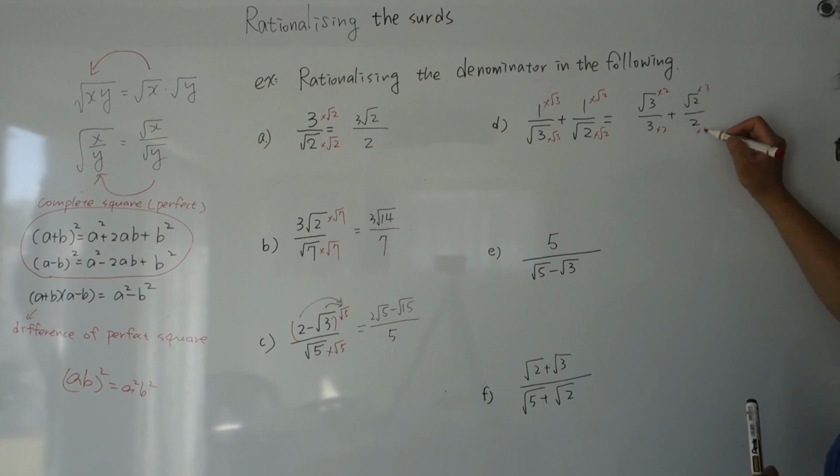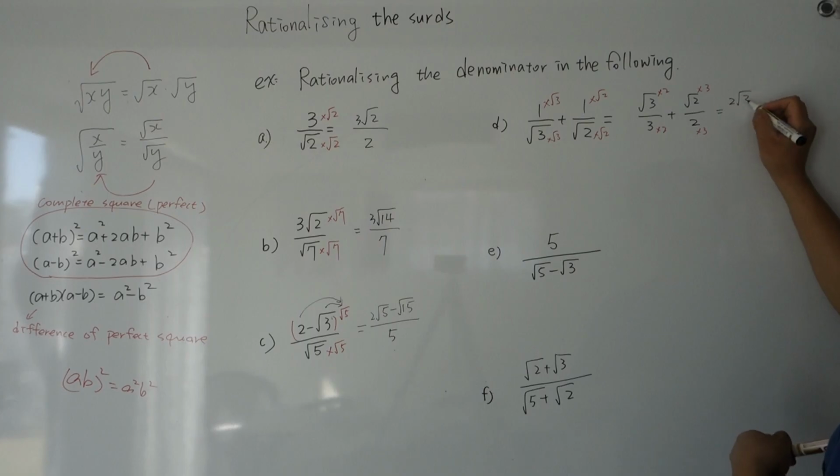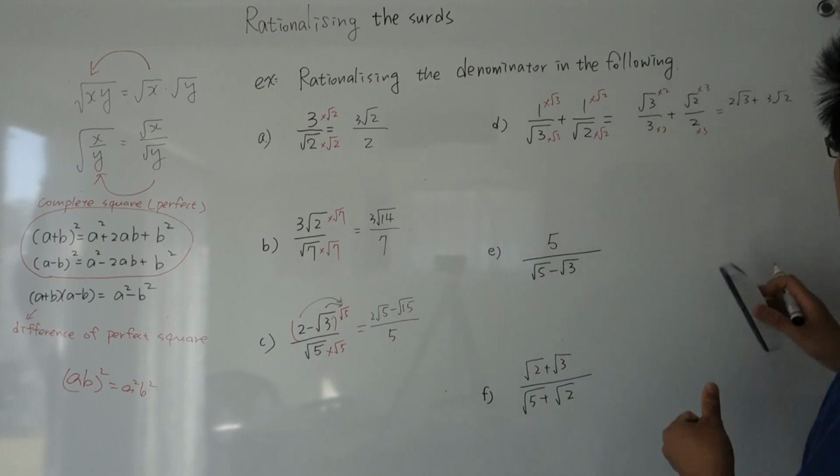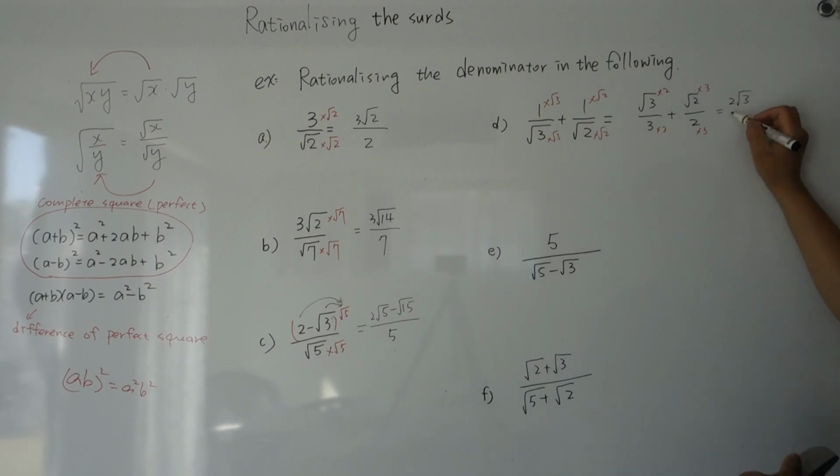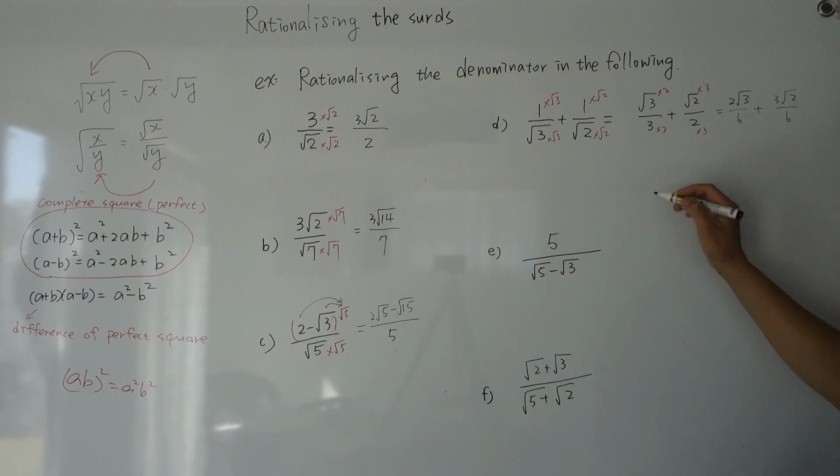Times 3, times 3. Therefore it becomes 2 square root 3 plus 3 square root 2 over 6, right?